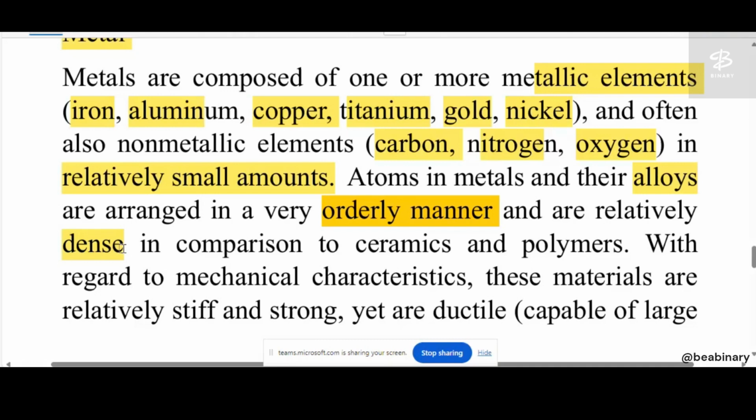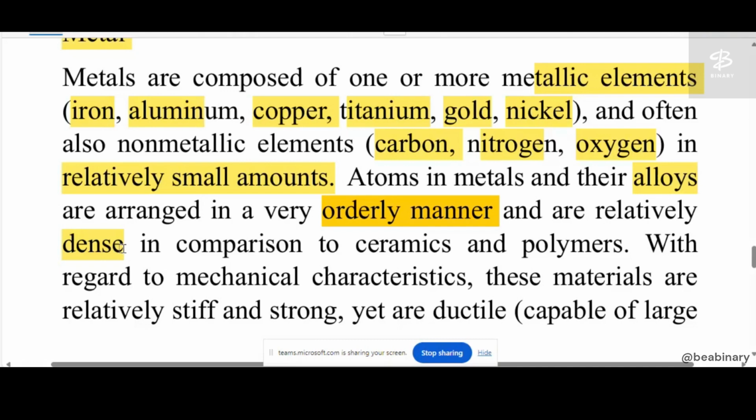So basically, mass means the mass present anywhere. If you have taken a volume, how much mass is present in that particular volume is known as your density, right?